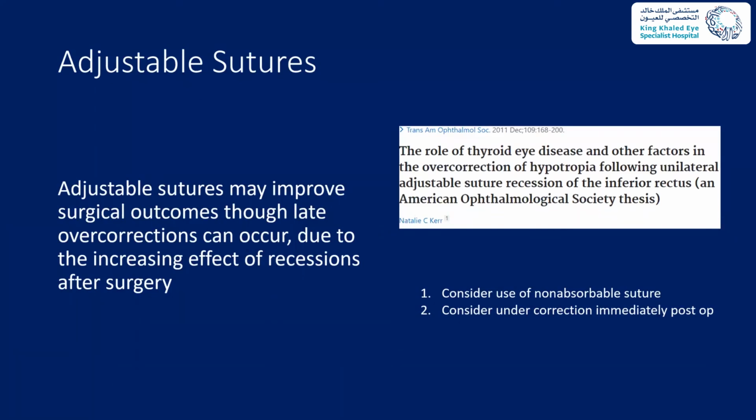So authors have recommended considering use of non-absorbable sutures in these cases or considering undercorrection, say by 6 to 8 prism diopters, when performing an inferior rectus recession in the immediate post-op period.